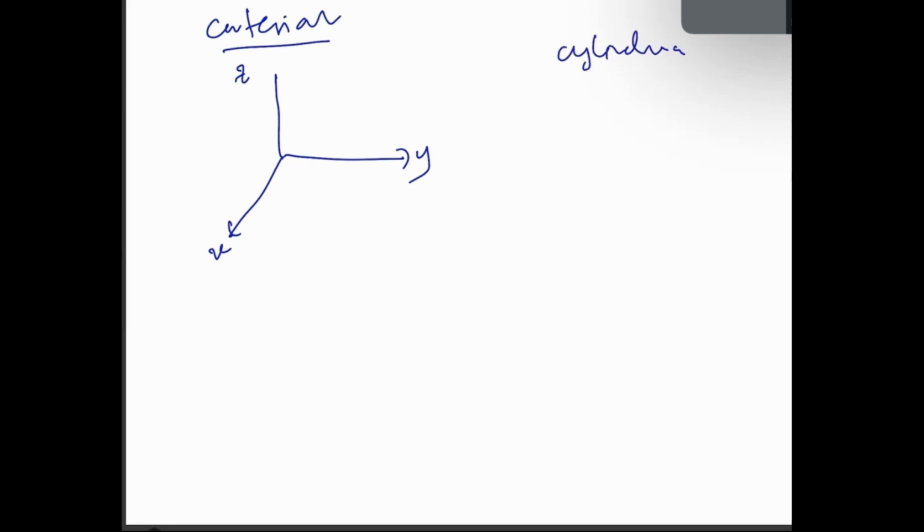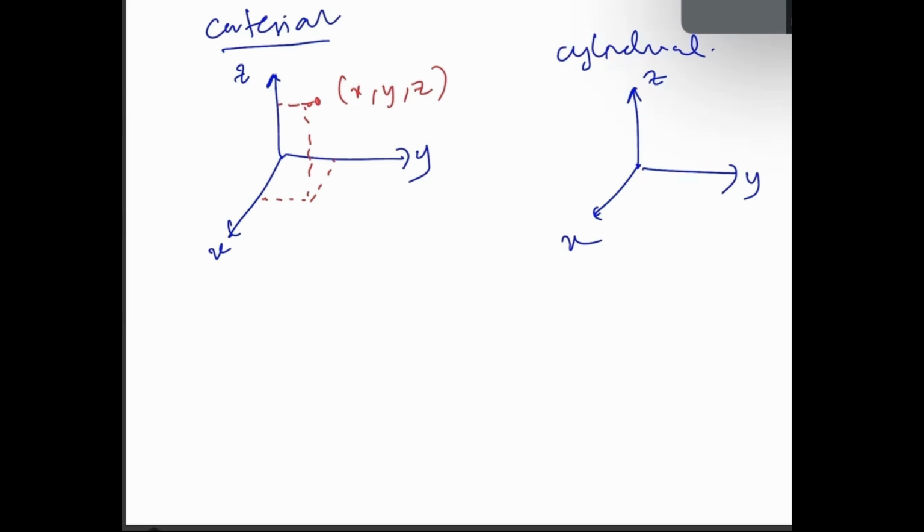Cylindrical, and Cartesian. For cylindrical, we have r, phi, and z.